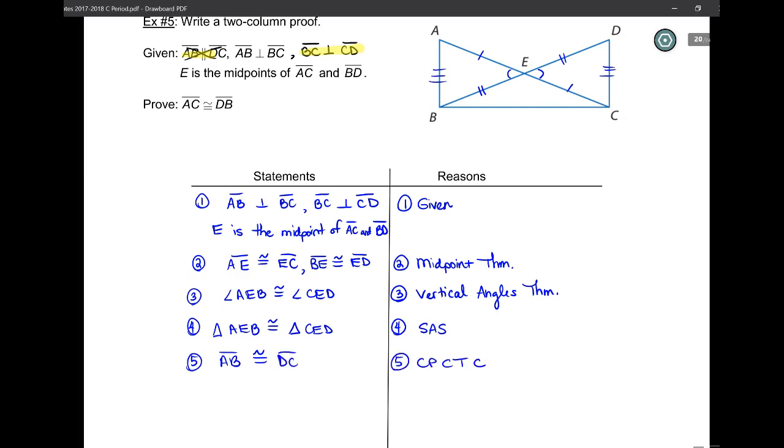Now, how does that help me? Well, remember what we said in the beginning. We had perpendicular lines, so that's going to make right angles, and they also share a side. We're talking about the larger triangles ABC and triangle DCB.